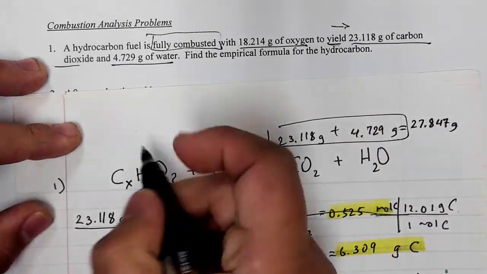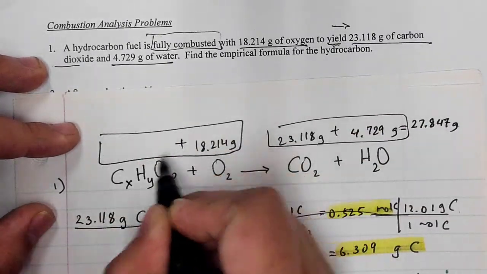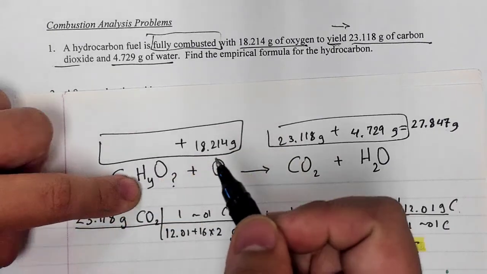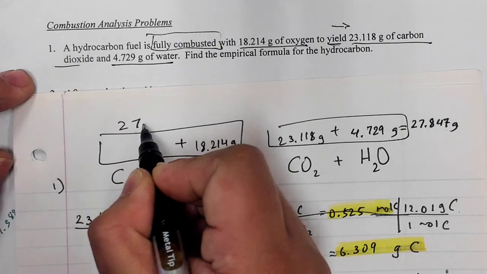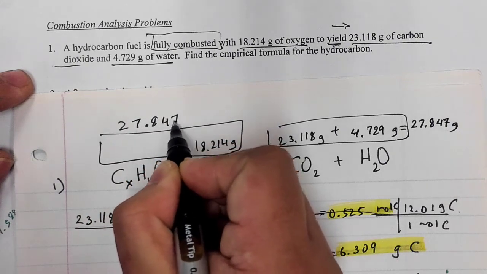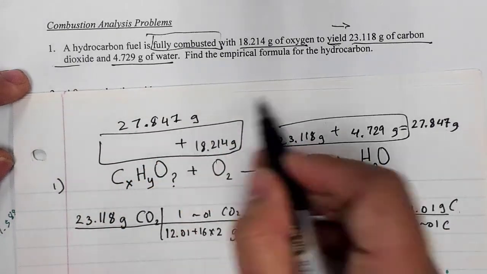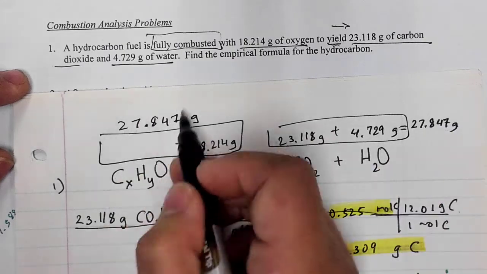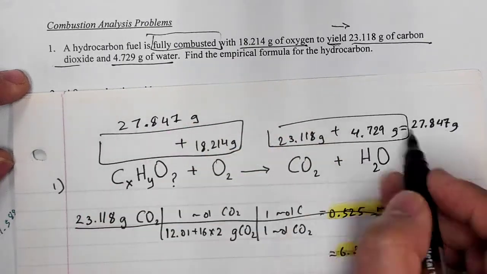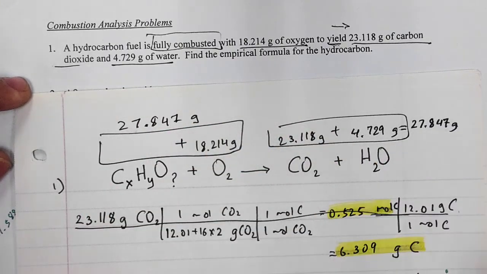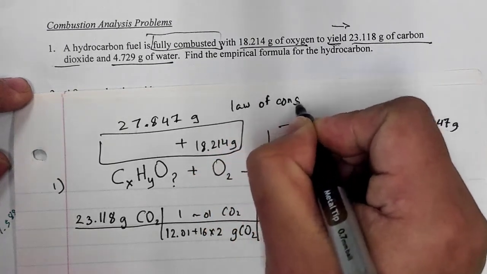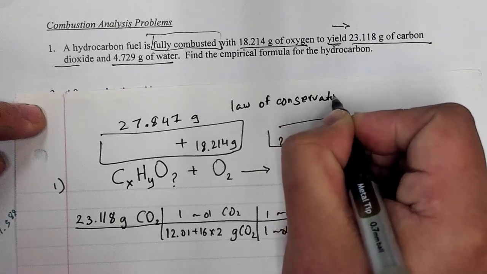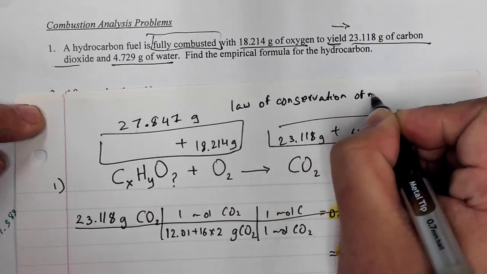So guess what this means? That means this side, the one that we don't know, the sample, plus the oxygen should also be 27.847 grams. Now you might ask, why is the mass of reactant equal to the mass of product? This is called the law of conservation of matter.